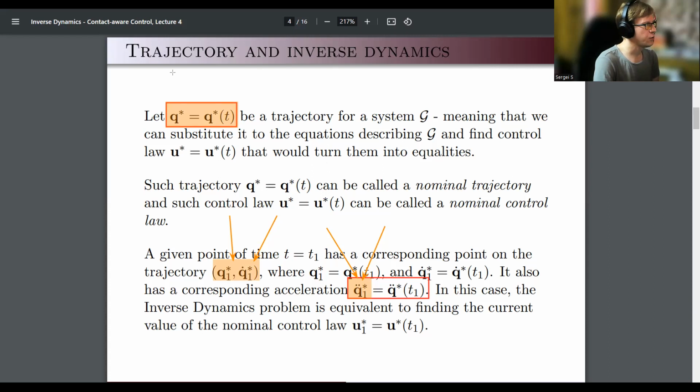It is nice to remember that this is a trajectory, and all of those are just derivatives of the trajectory. So this is useful. You will remember where you get them from. But it is also nice to use this inverse dynamics language of this being the desired acceleration, and this being a state for which you solve the inverse dynamics problem. All right.